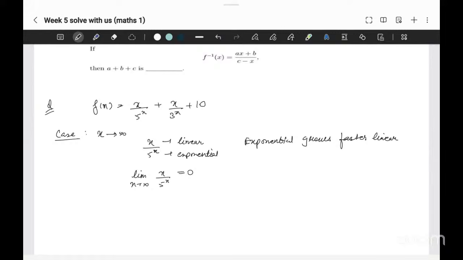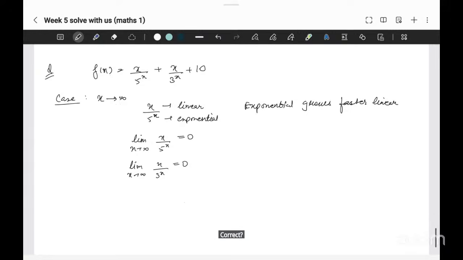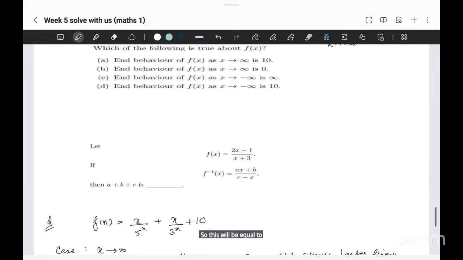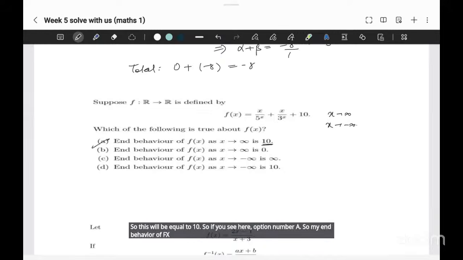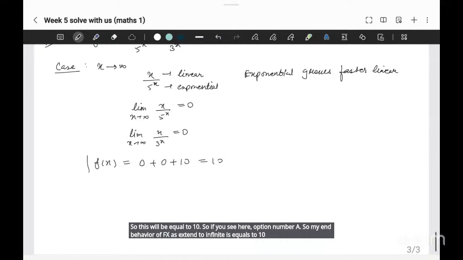Similarly, the same case holds for 3 raised to the power x, which will also go to 0. Correct? So my f(x) will be 0 plus 0 plus 10, so this will be equal to 10. So if you see here, option A: the end behavior of f(x) as x tends to infinity is equal to 10. This is fine.